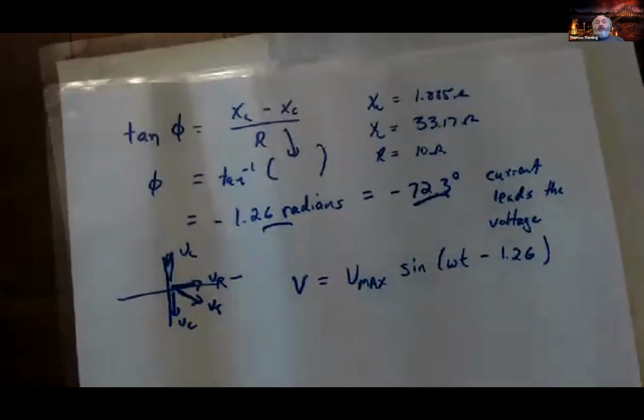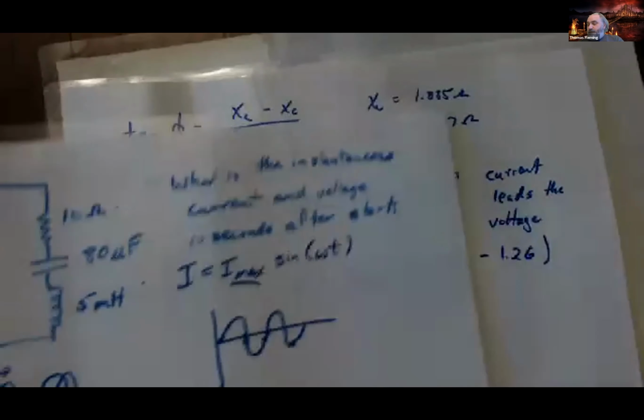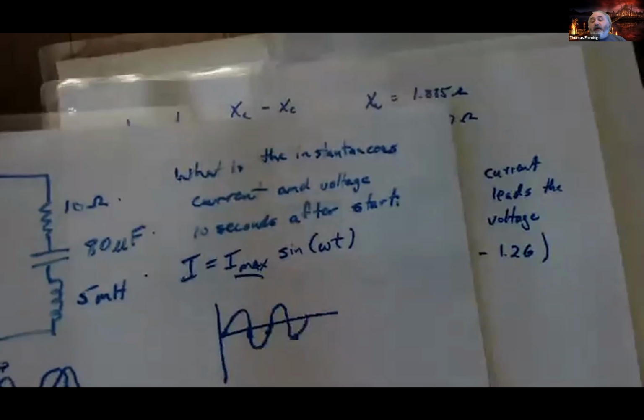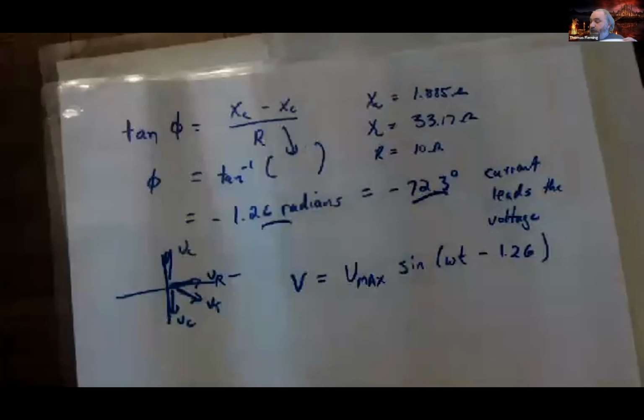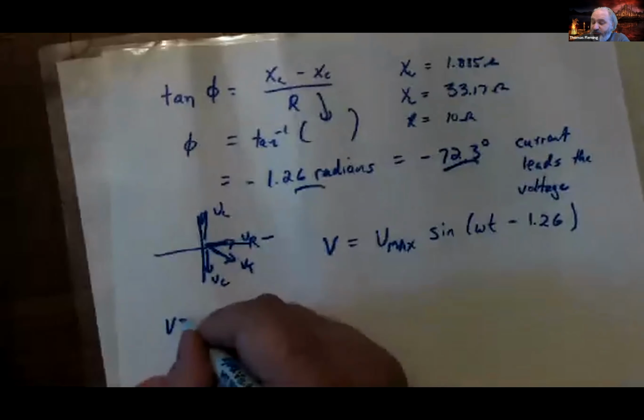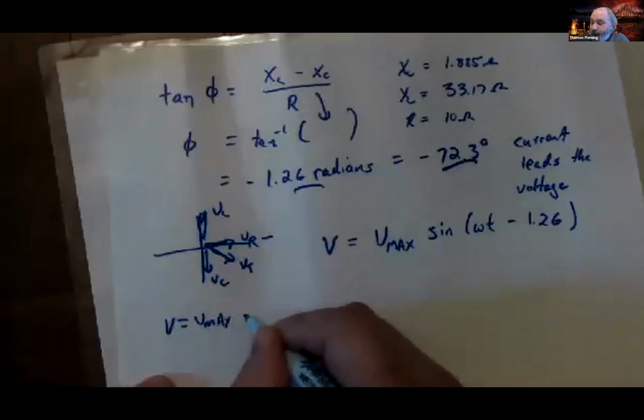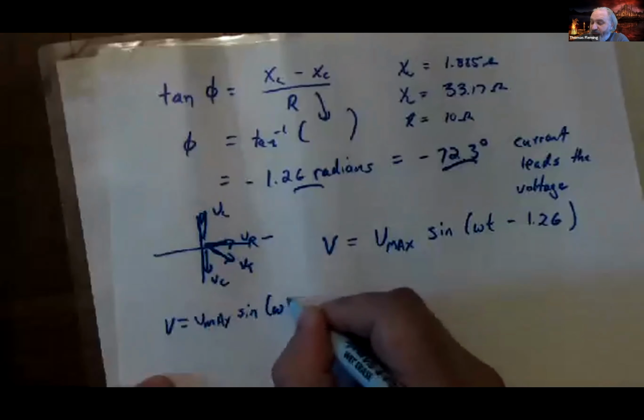Notice, however, that you don't necessarily have to start your timer when the current is equal to 0. We could have instead said, no, I want the voltage to be 0 at time 0. And if that was the case, the current would have been shifted relative to the voltage. And one of your homework problems does exactly that. It says, no, I want the voltage expression to simply be V equals V max times the sine of omega t.